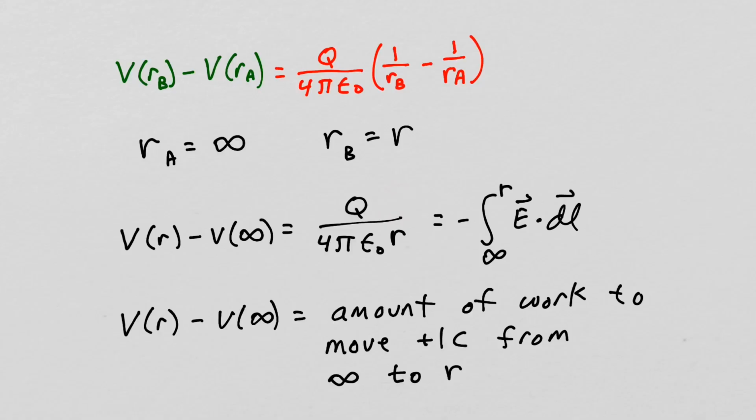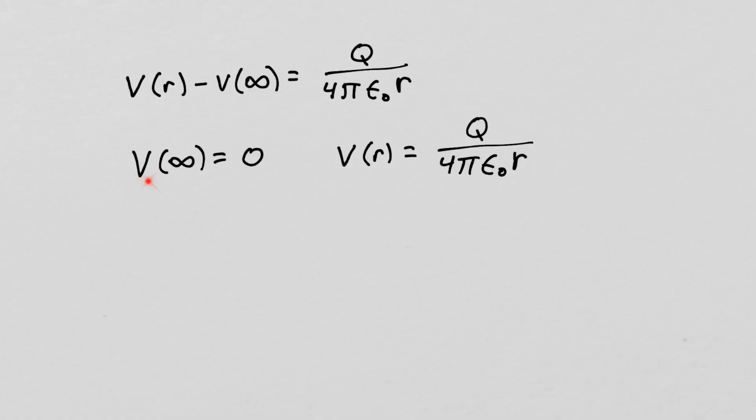Selecting V at infinity equals 0, as your textbook does, means the potential at location R is Q over 4 pi epsilon sub 0 R. But this still represents the work to move 1 coulomb of charge from infinity to R.